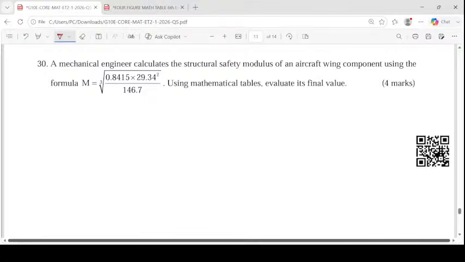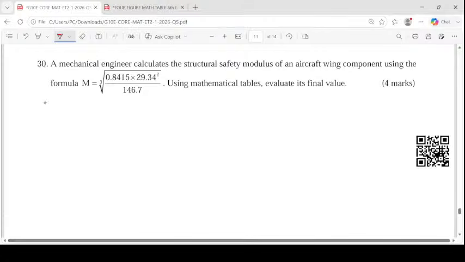A mechanical engineer calculates the structural safety modulus of an aircraft wing component using the formula M is equal to the cube root of 0.8415 multiplied by 29.34 squared divided by 146.7. Using mathematical tables, evaluate its value.